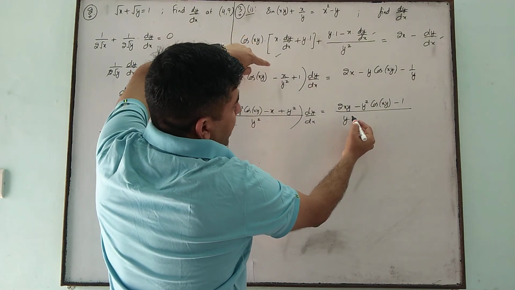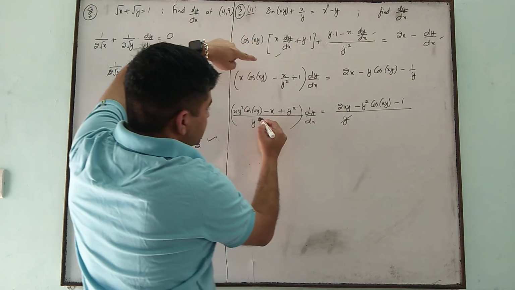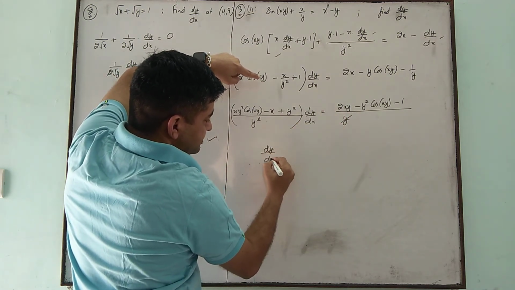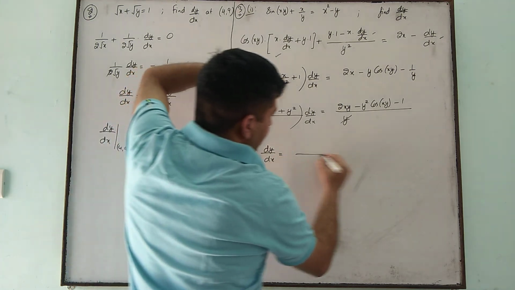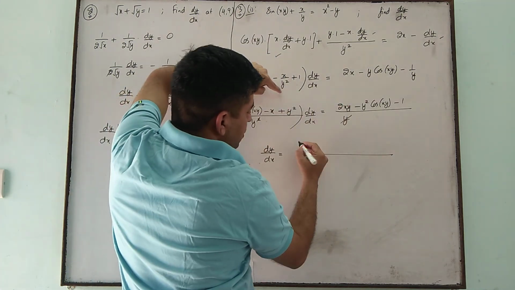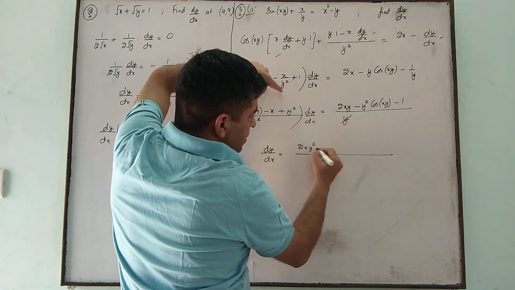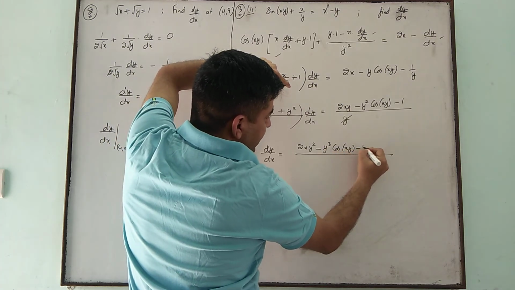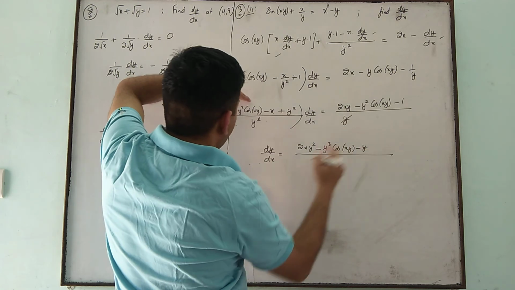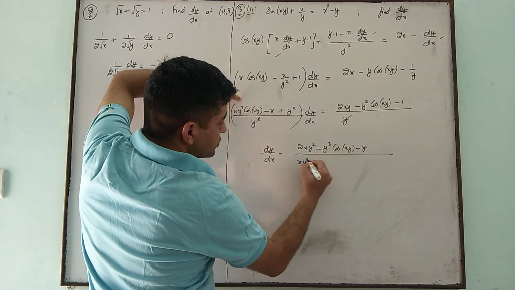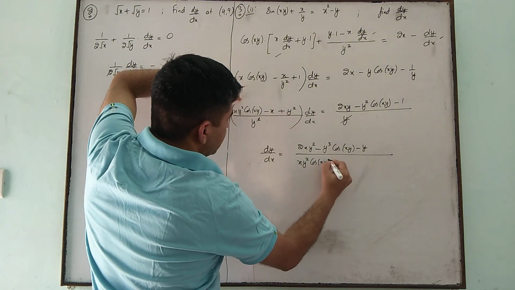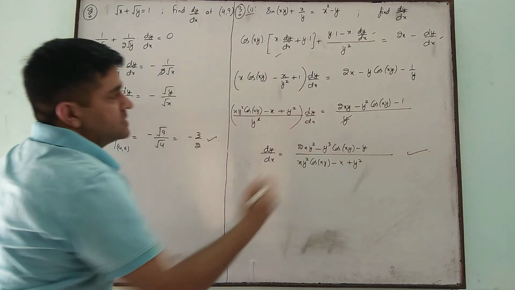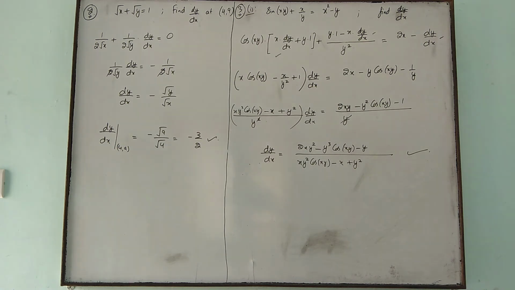So here y and y cancel out, cross multiply this, so we got dy by dx is, y will be here 2xy square minus y cube cos xy minus y, and this will be in denominator xy square cos xy minus x plus y square is your dy by dx. Just note it down.